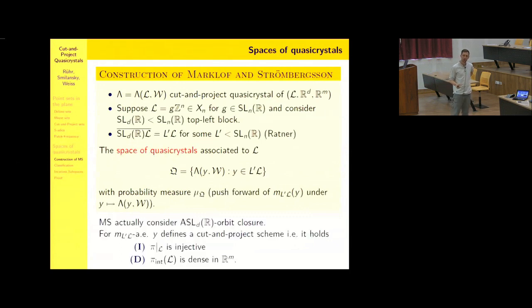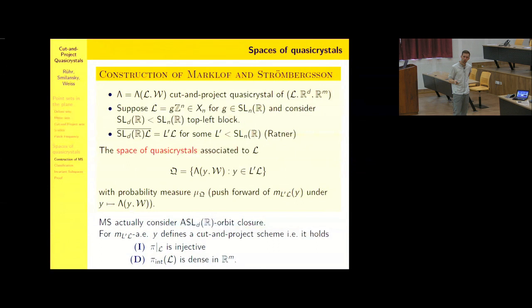Marklof and Strömbergsson actually consider some more general construction, which is more natural, in particular if you want to construct the Penrose tiling. But for my talk, I'll restrict to SL_d(R).